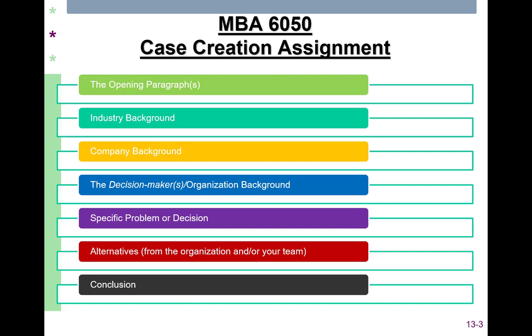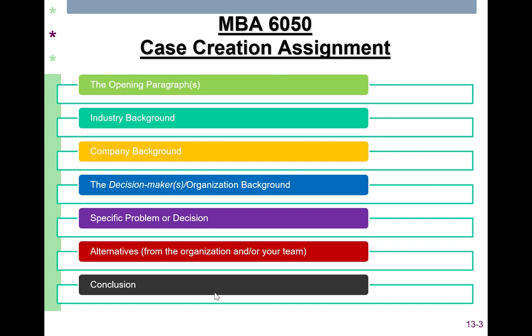But the organization of both the paper as well as the presentation starts out with an opening paragraph or paragraphs, something about the industry, company background, the decision makers that are involved, the specific problem or decision, alternatives from the organization, what you the research, or perhaps your own team's group's thoughts, and at the end a conclusion.